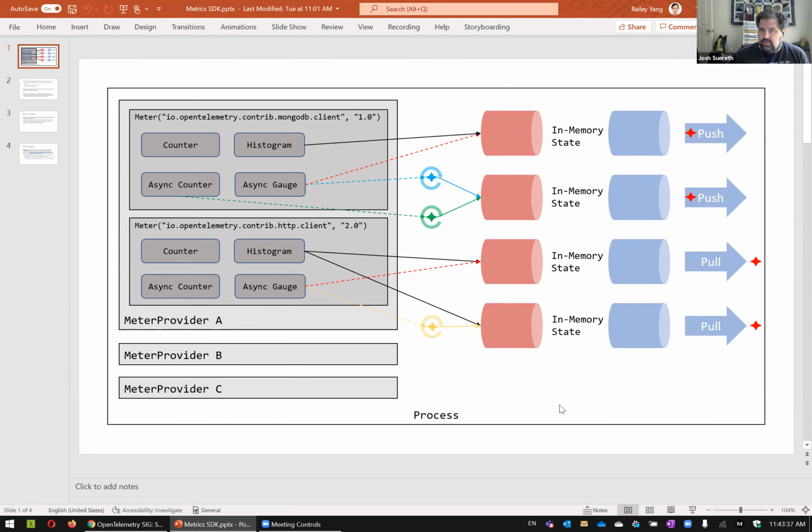I'm more worried about synchronous instruments here, and my next question is also related. Of in-memory state, do you see in-memory state getting duplicated for every exporter then? Currently, no. I discussed with Bogdan. I can give an update. That's my next topic. I think there's a way that we can avoid having multiple in-memory state.